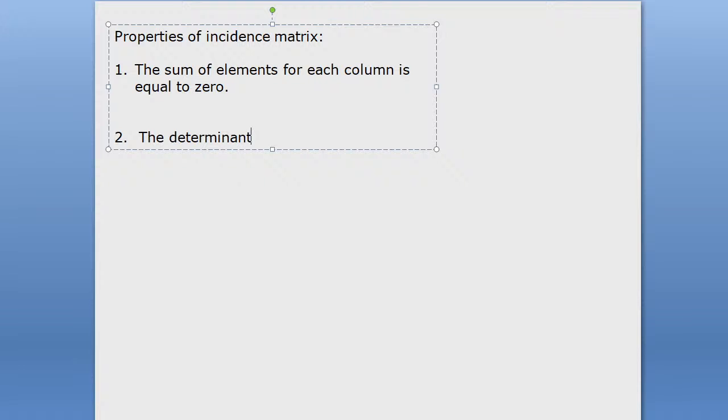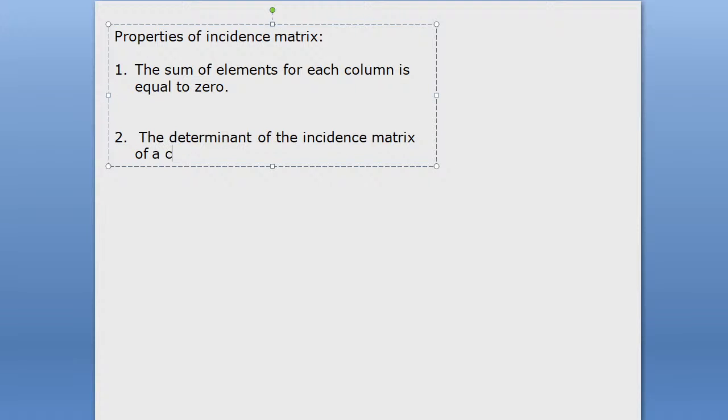The determinant of the incidence matrix of a closed path or closed loop is 0.